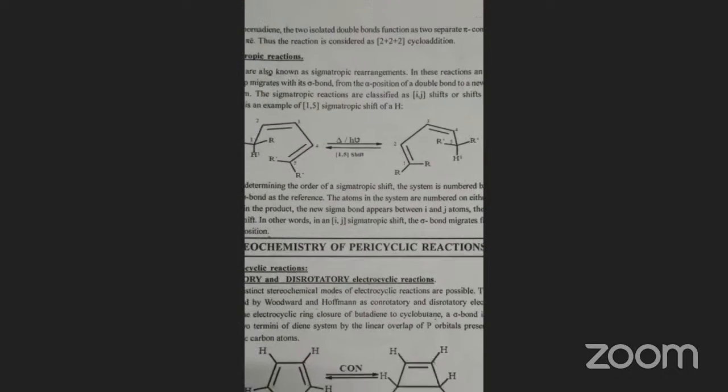The sigmatropic reactions are also called sigmatropic rearrangement reactions. In these reactions, an atom or a group migrates with its sigma bond to a pi bond position. Let us take this example.